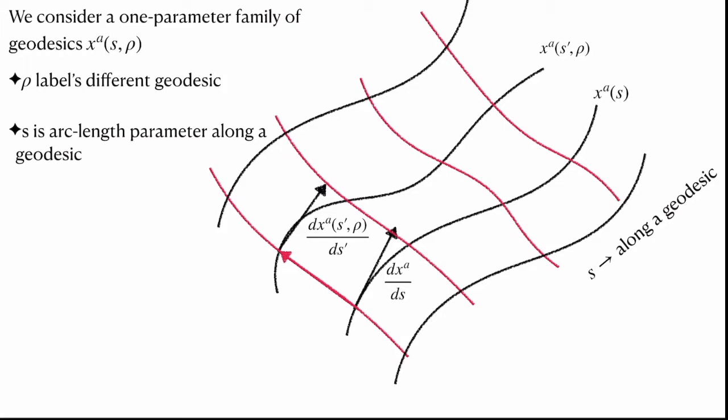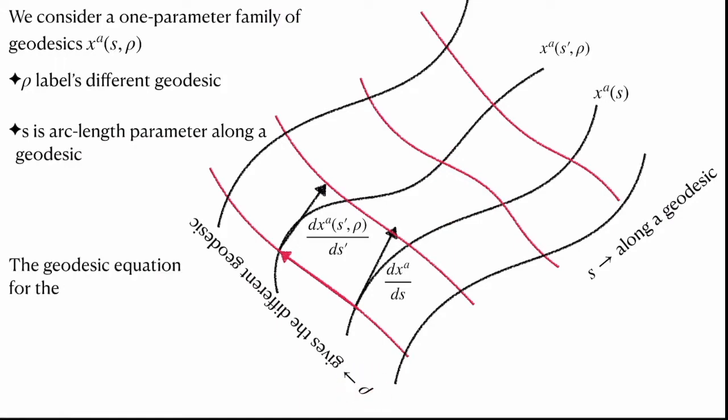Our interest is to consider two neighboring geodesics. By changing ρ, we can get a different geodesic at any point along the curve. We can flip from one geodesic to another by changing the parameter ρ. This is a family of geodesics.